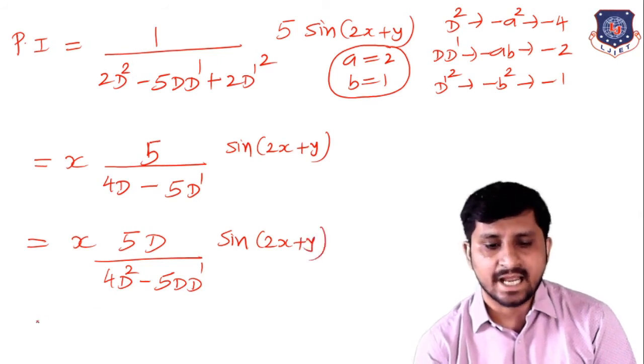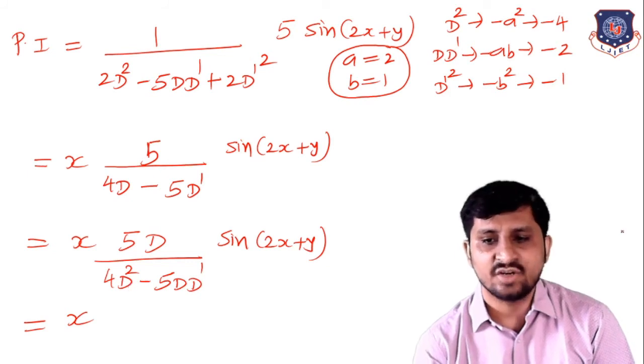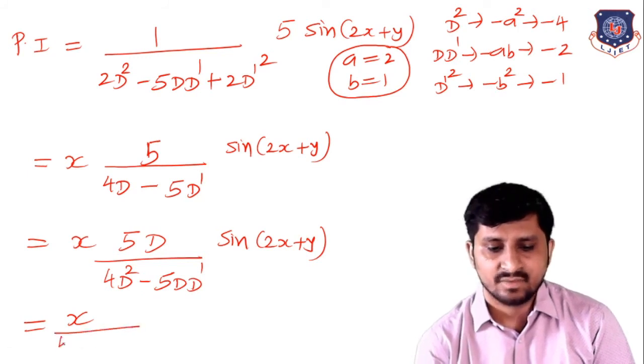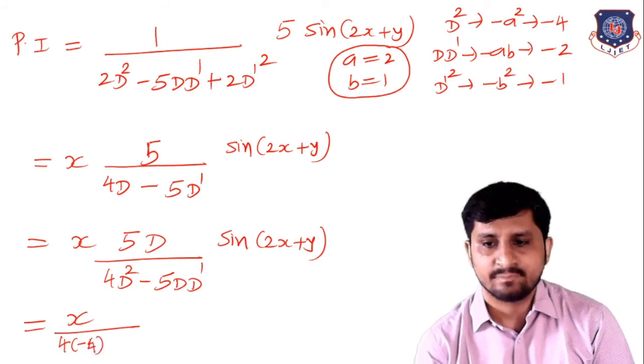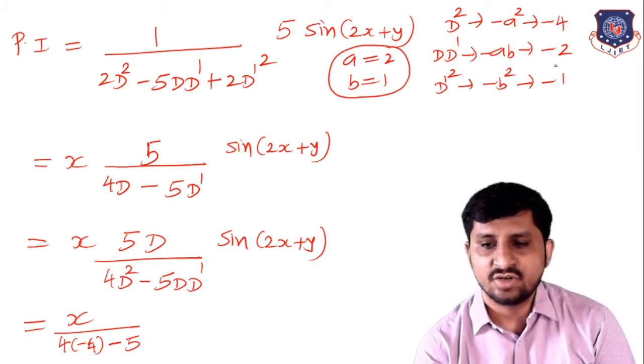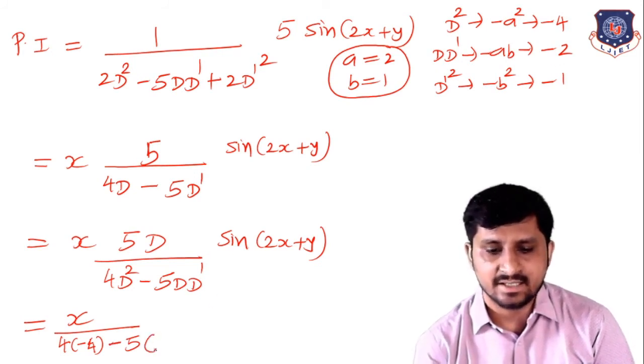Now you can apply the same rule. So now instead of D² we have minus 4, so 4 into minus 4, and minus 5 into DD'. Instead of DD' I can take minus 2.